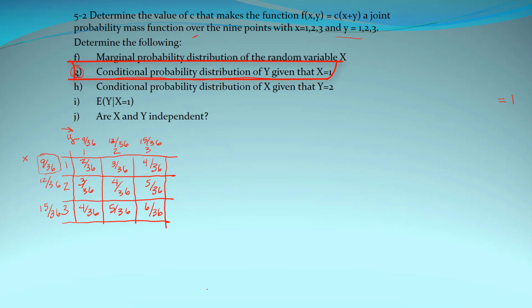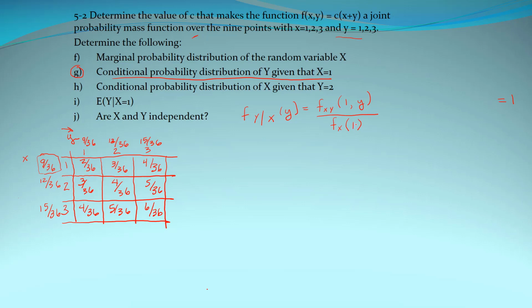Conditional probability distribution of y given that x is equal to 1. So you can think of it as f of y given that x is a certain number, y, is equal to that distribution given that x is 1 of y, all within the world of f of x is 1.